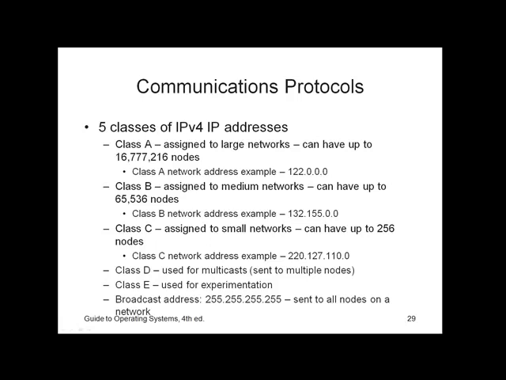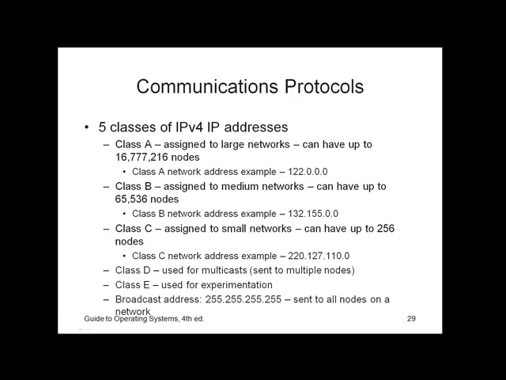A Class C network, on the other hand, is assigned to small networks, and it can have up to 256 nodes. An example of a Class C network is shown here, 220.127.110.0. In addition to these 3 assigned classes, we also have 2 additional classes, Class D and Class E. Class D is used for multicast, which is sent to multiple nodes, and Class E is used for experimental purposes.